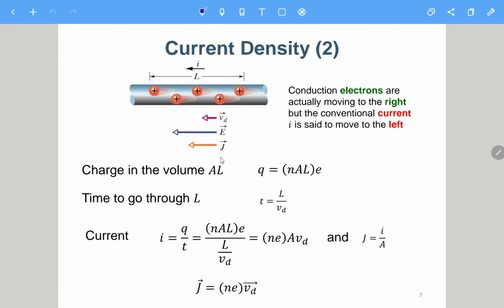Okay, so here we talk about something like hardcore physics. It tries to go deep in a microscopic way to talk about what is current, what is the velocity of the charge. So here it says we have conduction electrons actually moving to the right, but the conventional current is said to be moving to the left.